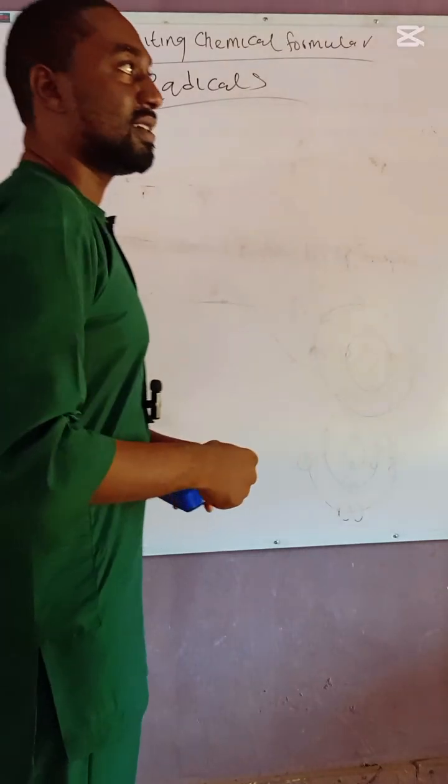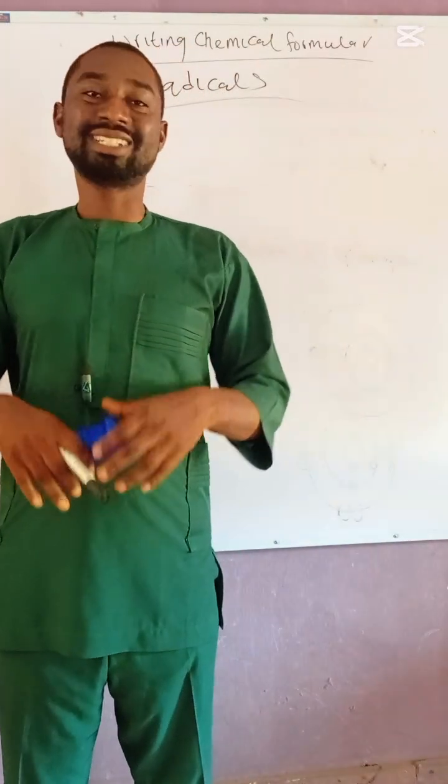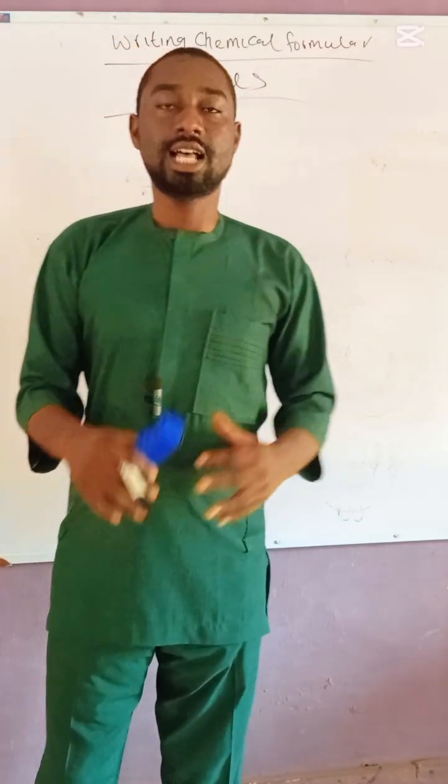So what are radicals? Radicals are just groups of atoms that possess charge and they act as one unit.